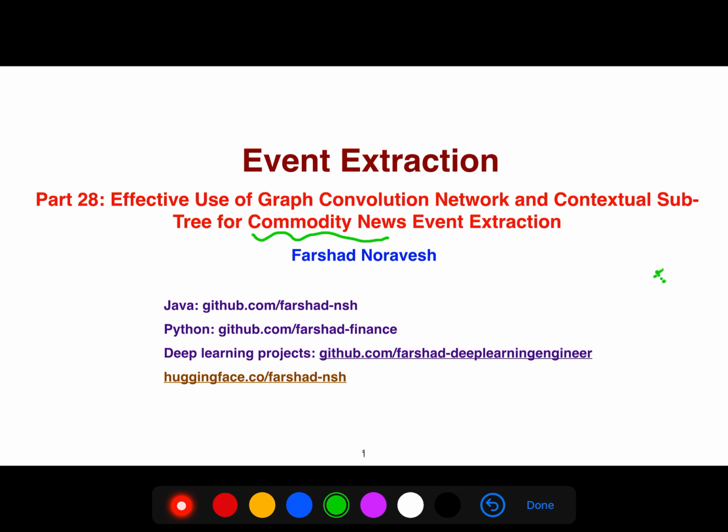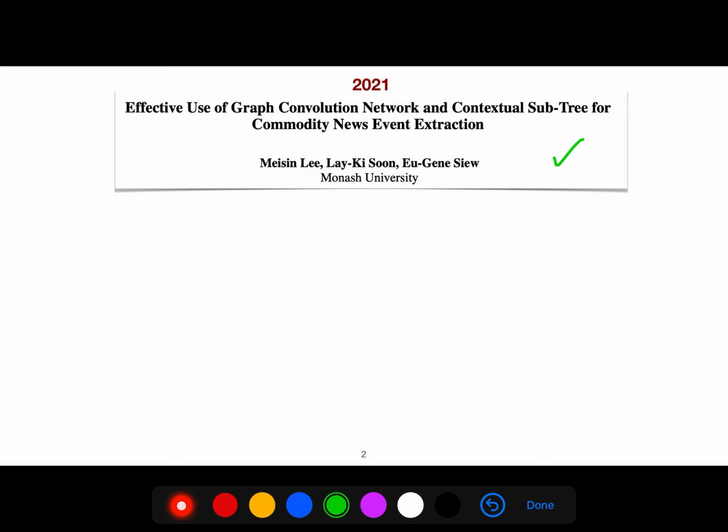So you give an adjacency matrix. With an adjacency matrix, you can create a graph, and then you learn that graph using a graph convolutional network. So I'm going to be focusing on this paper from 2021.